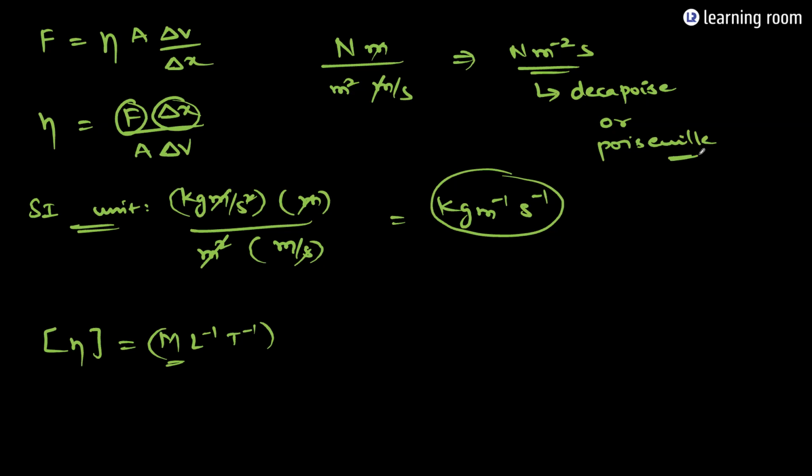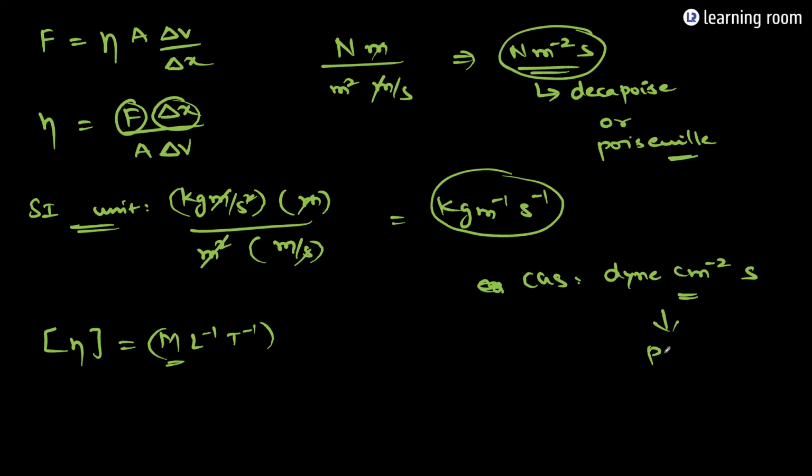Similarly, if I have to write the same thing in terms of CGS unit, what will I get? I'll get dyne centimeter power minus 2 second. Then this value is called simply a poise. So a relation between poise and decapoise: obviously, deca means 10.